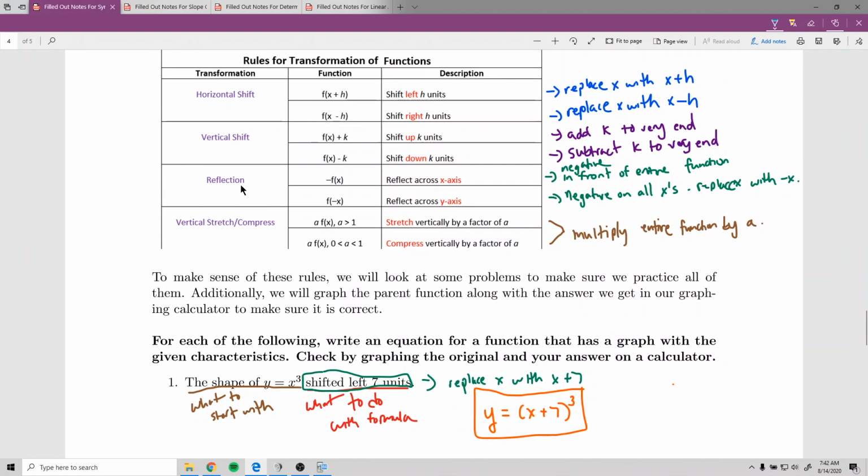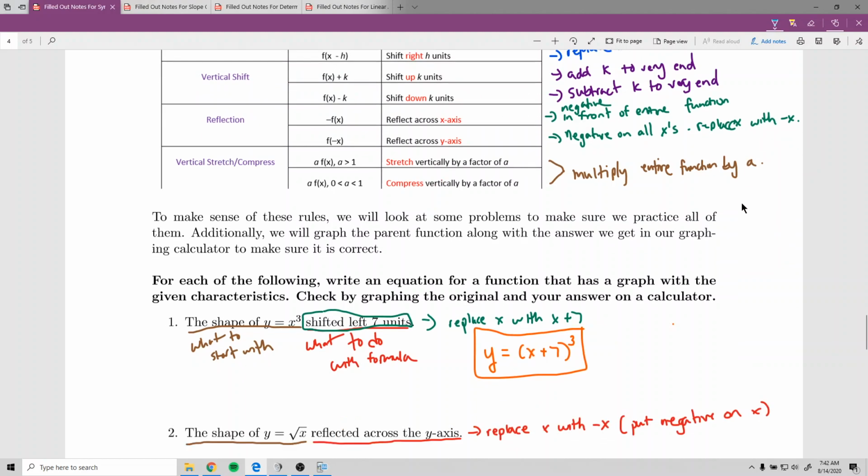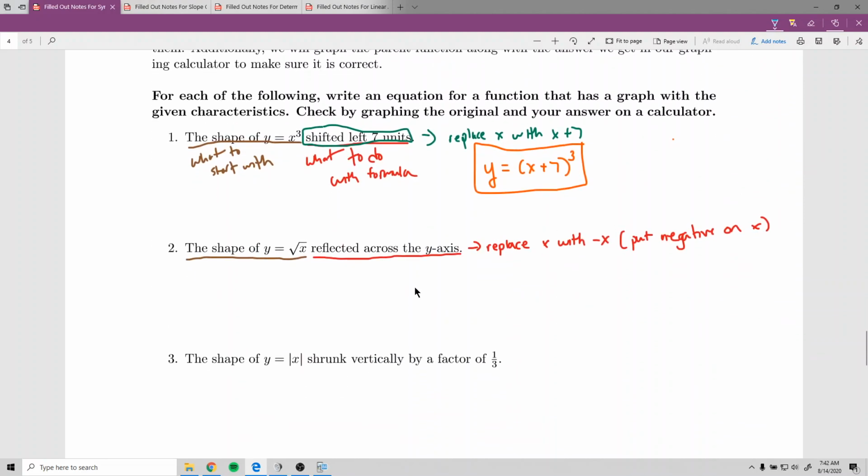But I'll just go up here to remind you, reflections get negatives. If we reflect across the y-axis, we replace x with negative x, or negative on all the x's. All right, so when we do that, we get y equals, since x is on the inside of the square root, the negative goes with it on the inside.